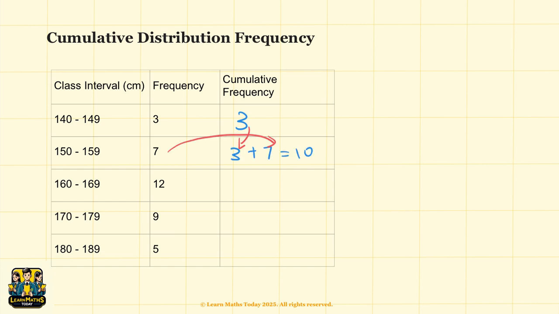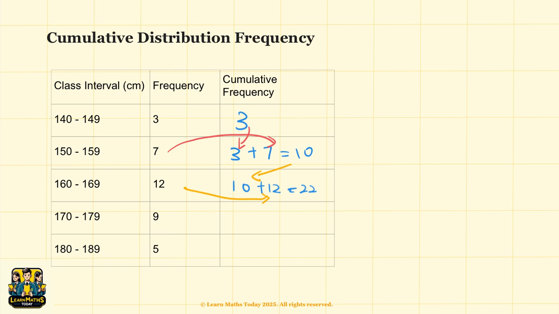Now let's move on to the 160 to 169 centimeter row. Here the frequency is 12, so the cumulative frequency for this row will be 12 plus the previous cumulative frequency, which is 10, giving us 22. For the next one, 170 to 179 centimeters, we have a frequency of 9.